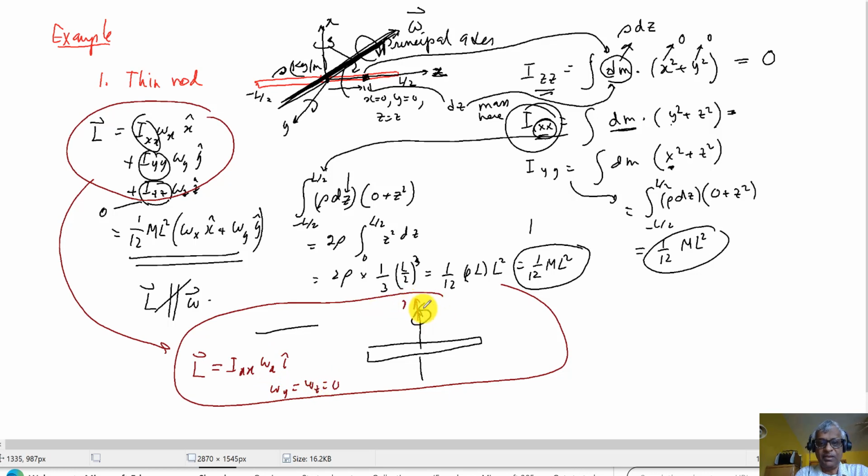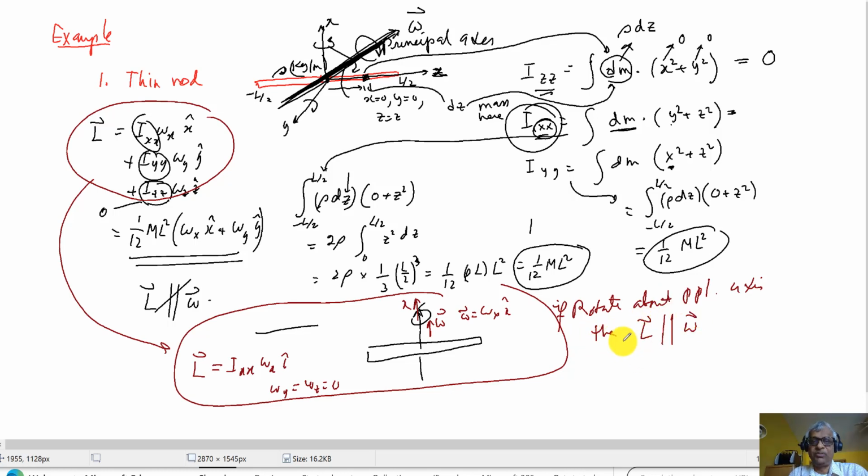If this is the x direction, omega is in that direction, so omega is only omega x x hat. So if I rotate about a principal axis, then L is parallel to omega. And so many times we're going to study problems where I just rotate about the principal axis. So principal axis is important.